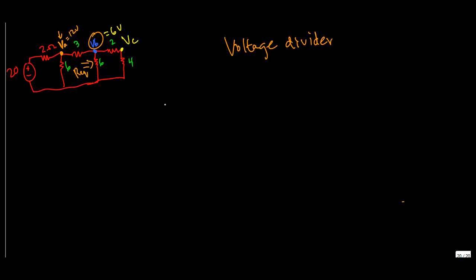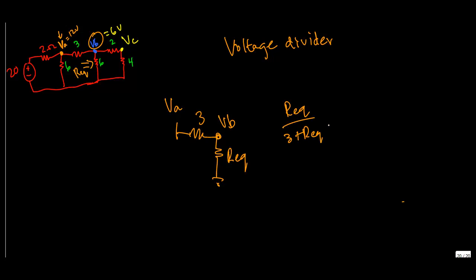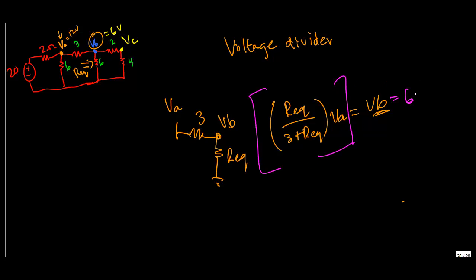We have a voltage VA, and it goes through a 3 ohm resistor, and then there's some R equivalent that we called for VB, and we found VB to be R equivalent over 3 plus R equivalent, multiplied by VA, which is equal to VB. Whatever number that came out to, we said was 6 volts.